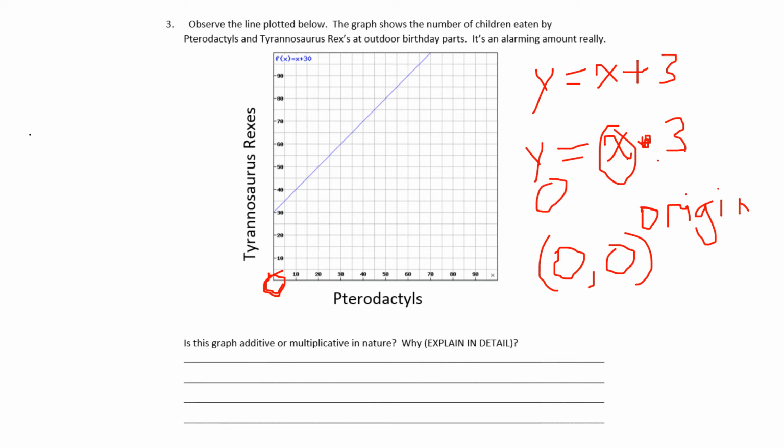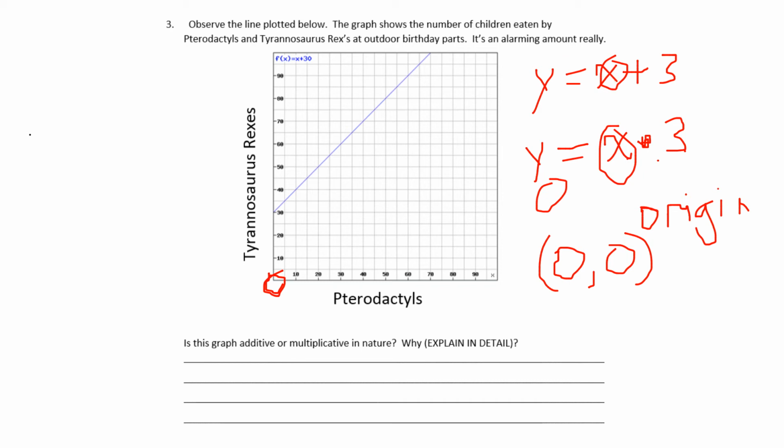So when x is 0, y is going to be equal to 0. In this one here, when x is equal to 0, you have 0 plus 3, so y is going to end up equal to 3. So that's the difference. Basically, if you see the graph not go through the origin, then it's additive in nature, at least at this point.